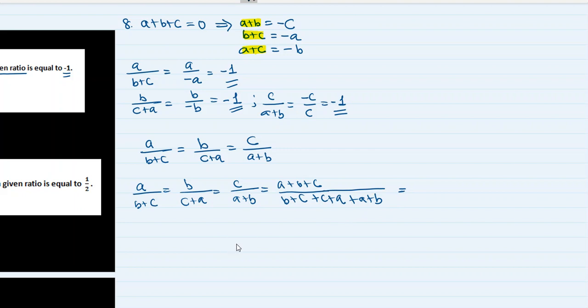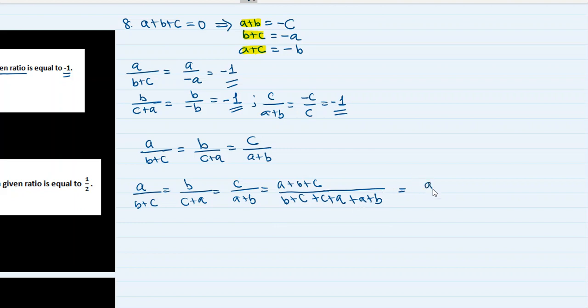I equated each ratio with the ratio of the sum of their antecedents, that is numerators, to the sum of their consequents, that is their denominators.